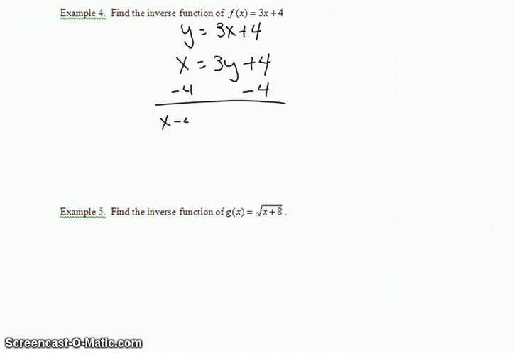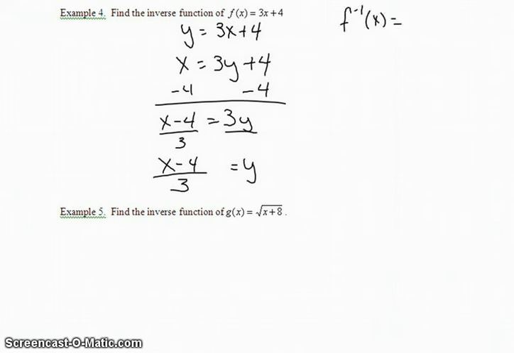So I have x minus 4 equals 3y, then divide by 3 because I want to isolate my y. x minus 4 all over 3 would be the inverse function. So the inverse equals x minus 4 over 3.